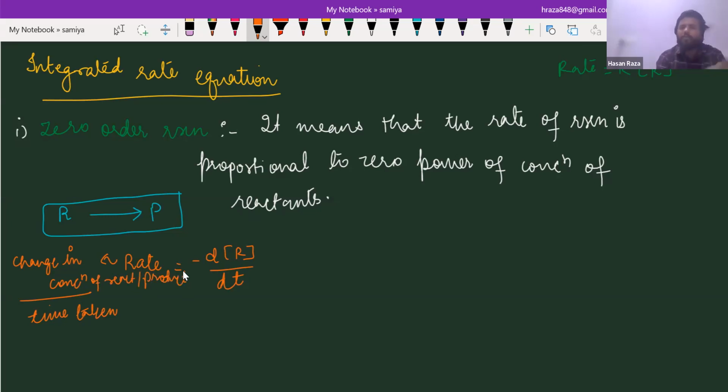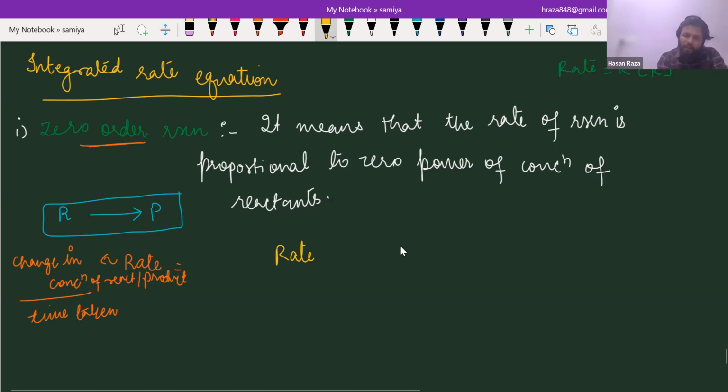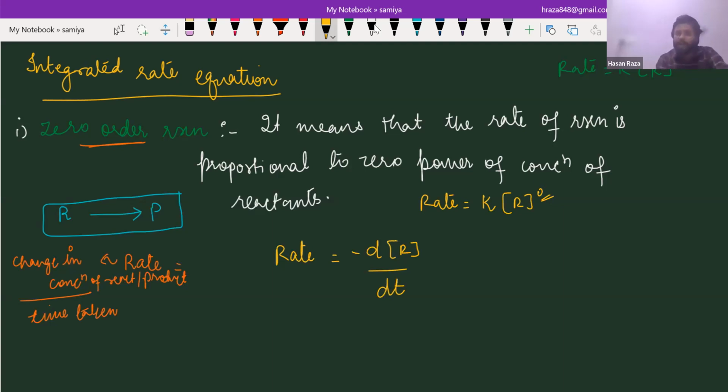Now since we are studying rate law expression or order of reaction, we will only deal with reactant, because the rate law expression is in terms of reactant. So I can write rate will be equal to minus d[R] upon dt. And also in terms of rate law expression, I can write k into [R] raised to the power 0, and this 0 determines that it is zero order reaction.